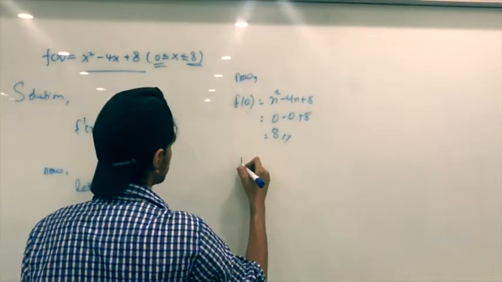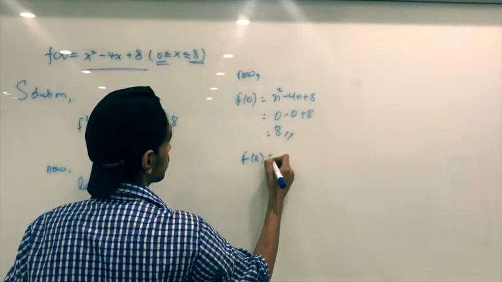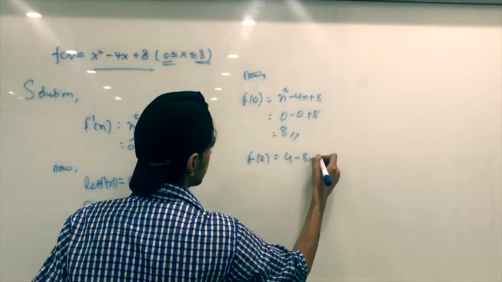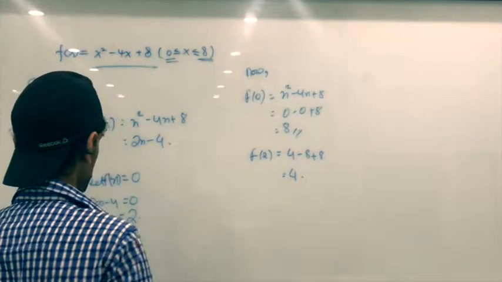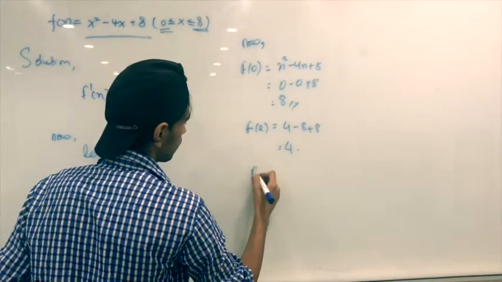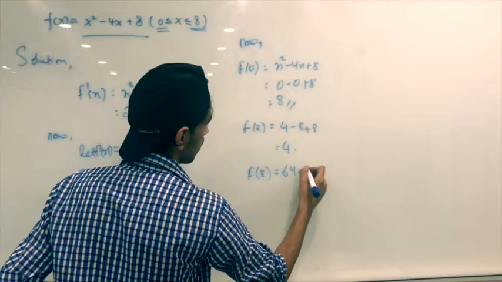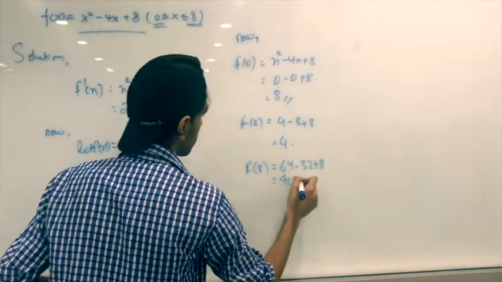Now the other point, f(2). If we put the value in, we get 4 minus 8 plus 8, so the value is 4. Now the last point, 8. If we put in 8, we get 64 minus 32 plus 8, so we get 40.